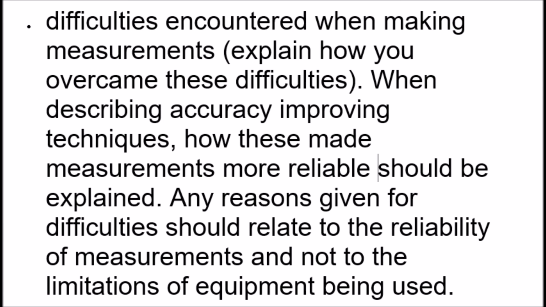Next up on the list is a point about difficulties encountered when making measurements and how we overcame those difficulties. That's nudging us to describe the accuracy improving techniques we used, how they worked, and how they made our results more accurate. If we were thinking about, for instance, our repeating and averaging, we could write that every time we measure the period, there's a human judgment error that occurs when we're starting and stopping the stopwatch.